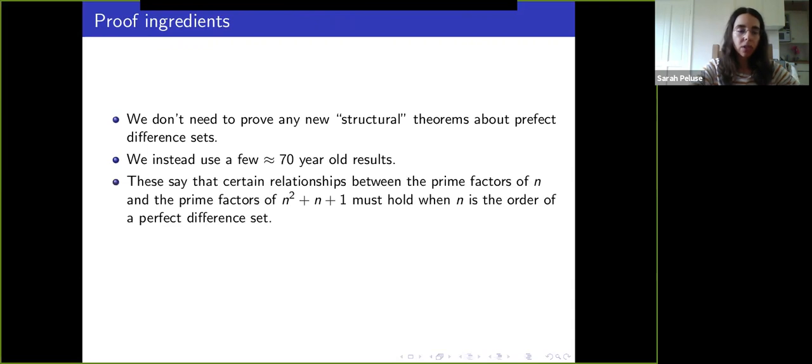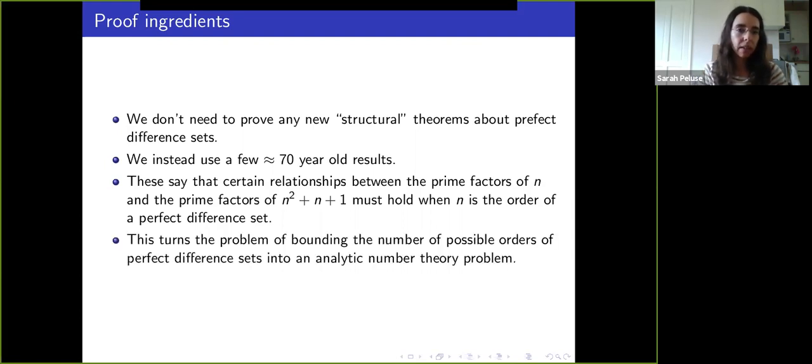These results basically say that if n is the order of a perfect difference set, then certain relations must hold between the prime factors of n and the prime factors of n squared plus n plus 1. So bounding the number of orders of perfect difference sets becomes a problem in analytic number theory. You want to show that these old results basically hold almost all of the time.